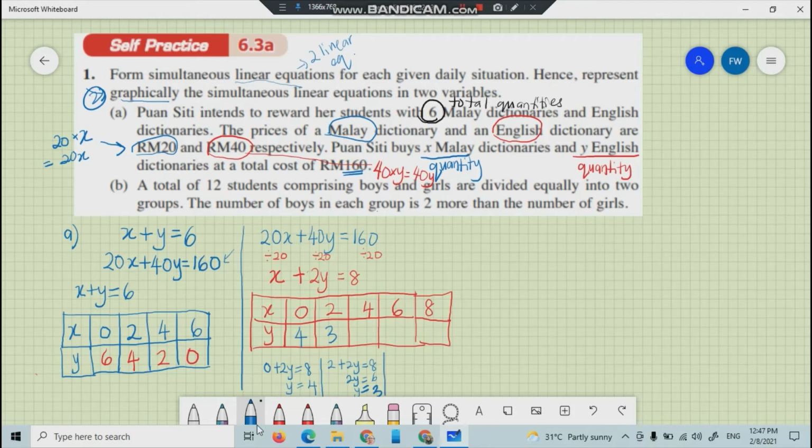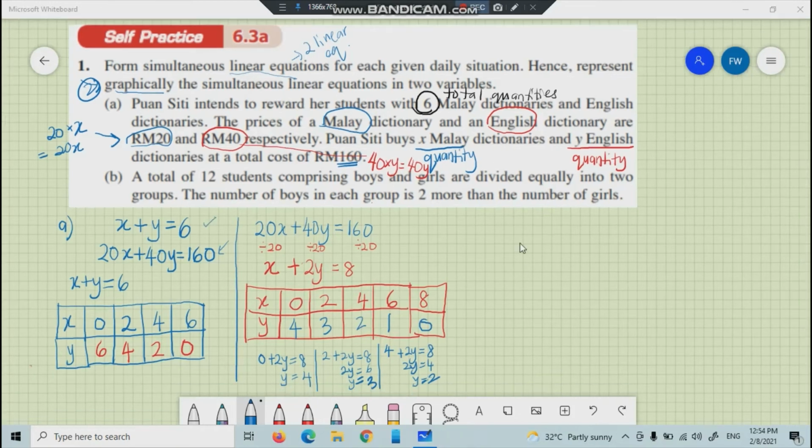And you do the same for all values. When x is 4, you calculate y, you will get 2. And the same goes for when x is 6, you will get y is 1. And when x is 8, y is 0.